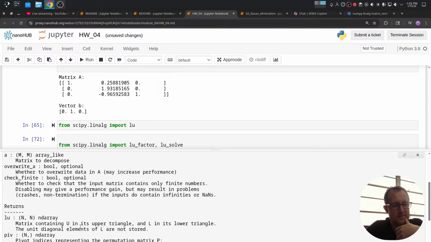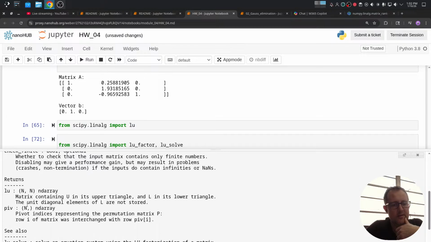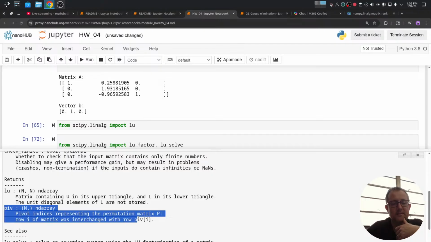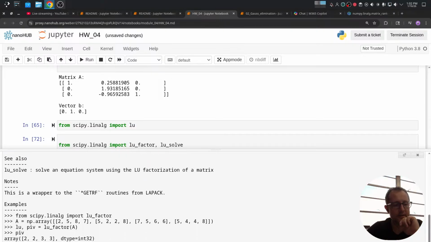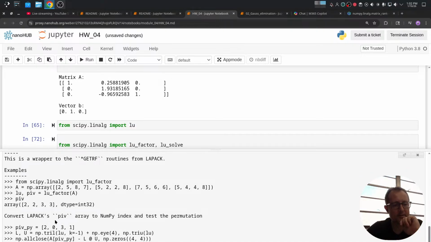It returns just one array, an n by n array, and the pivot is a vector that tells you which rows were switched, rather than a full pivot matrix that we can use to factor things out.